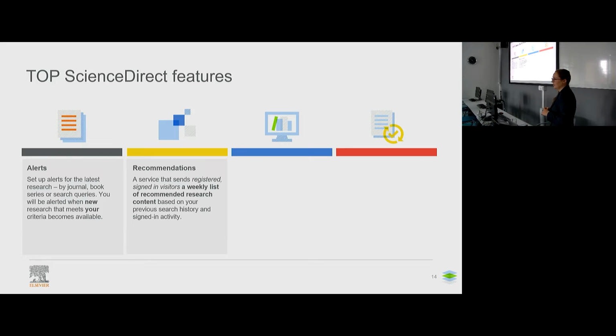If you are reading a lot about water quality, in a few weeks ScienceDirect will understand that you want to follow this topic, and will recommend additional articles and chapters that could be interesting for you based on your searches and what you were reading lately.